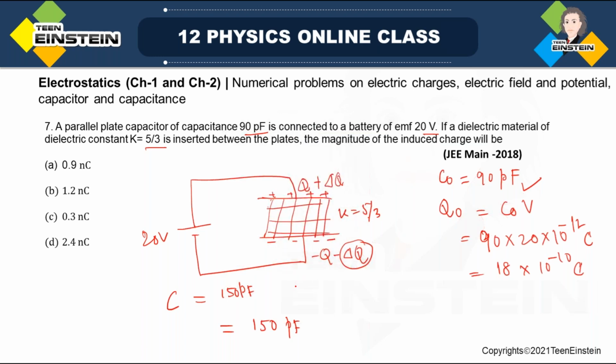150 picofarad is the capacitance we have got. Now, what is the charge after insertion of the dielectric material? That charge will be Q is equal to C into V. C is 150 picofarad into 20, into 10 to the power minus 12 coulomb. So we will be able to get 30 here.